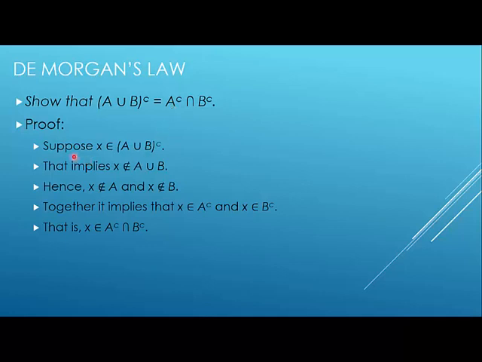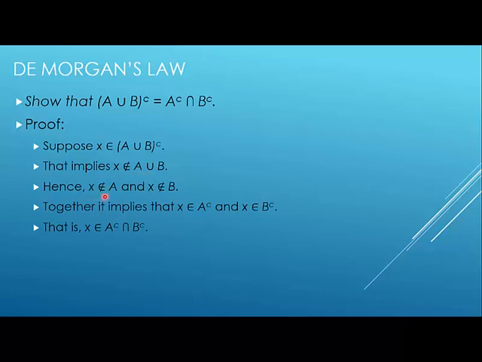So the proof is that suppose we have an element x which belongs to (A union B) complement. That implies that x is not an element of A union B, of course, because it is the complement.